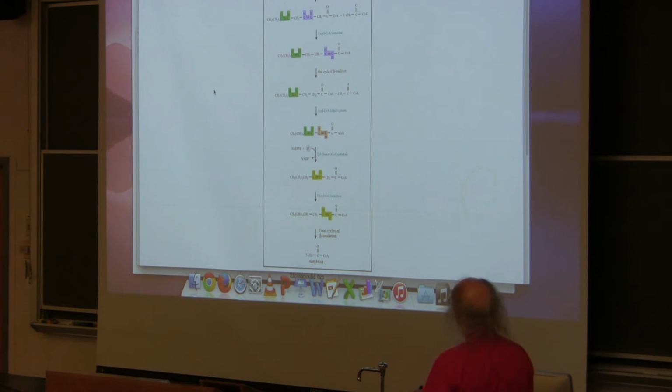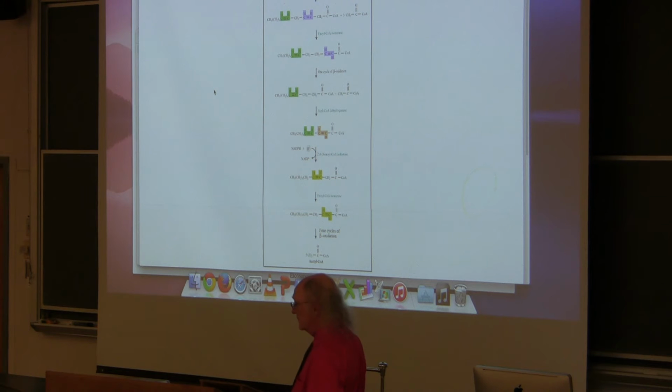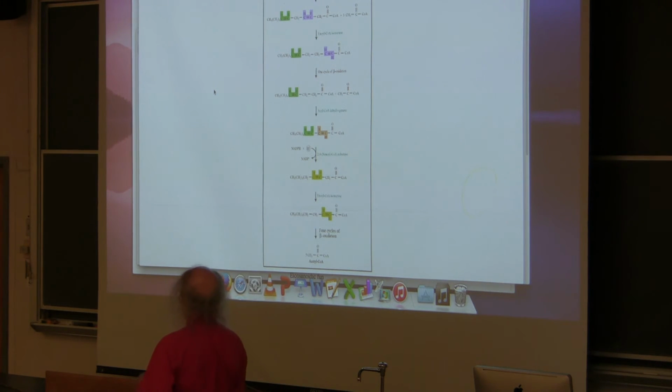It's got the first bond in the same place that oleic acid had. Meaning that we can go through 3 cycles of beta oxidation and break off 6 carbons, and we end up with a cis bond between carbons 3 and 4. Everybody with me?